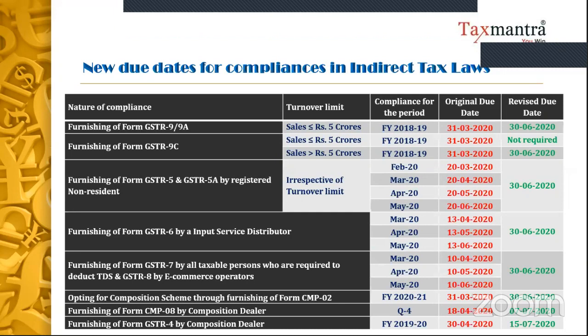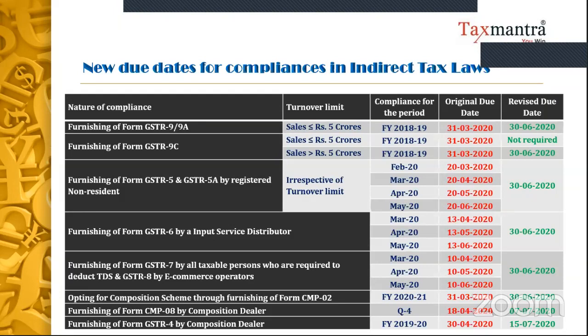In case of reconciliation statement under the GST audit, which would be furnished through GST form 9C, there are two scenarios. If the taxpayer has turnover less than 5 crore for the financial year 18-19, the due date was 31st of March 2020, but it is optional whether the taxpayer prepares and files the reconciliation statement, it is not mandatory because the turnover is less than 5 crore.